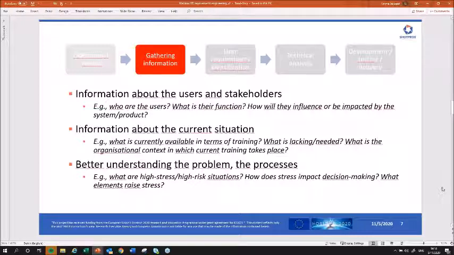You can look into the literature on the relationship between stress and decision making, for example. So there are a lot of data inputs that you can use to triangulate and develop a better understanding of the current situation, the users and the problem.